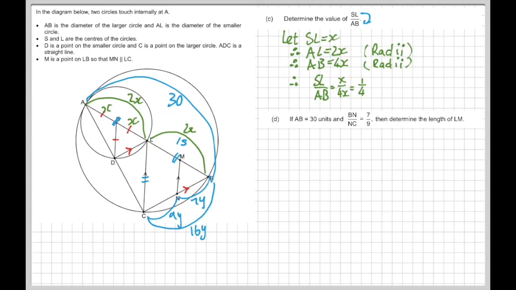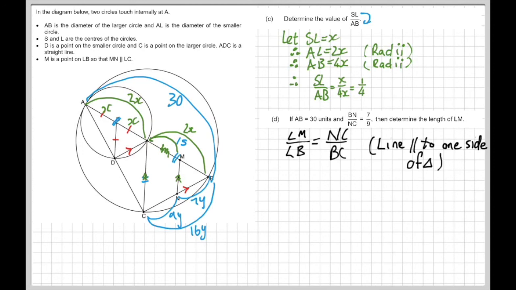So I'm going to look at my parallel lines and write that LM over LB relates to NC over BC. And our reason is line parallel to one side of triangle.